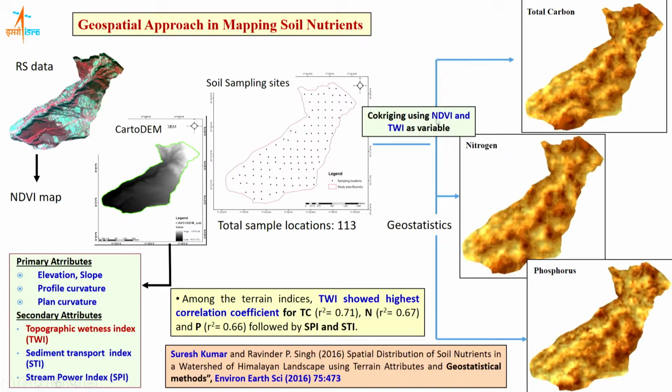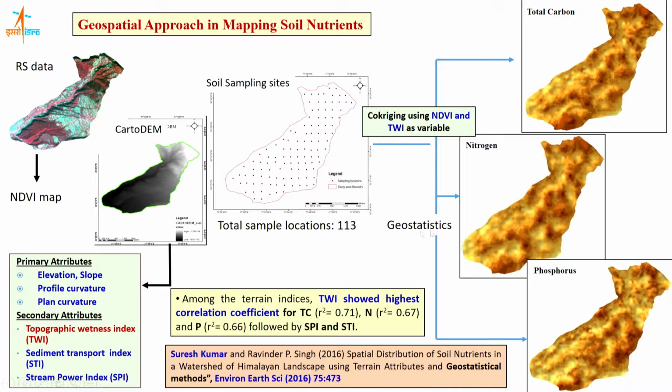In co-kriging I used the NDVI and the terrain wetness index, a secondary attribute, TWI, and then we are able to prepare the total carbon map, nitrogen map, phosphorus map. So by digital soil mapping methods, you are able to prepare these maps.